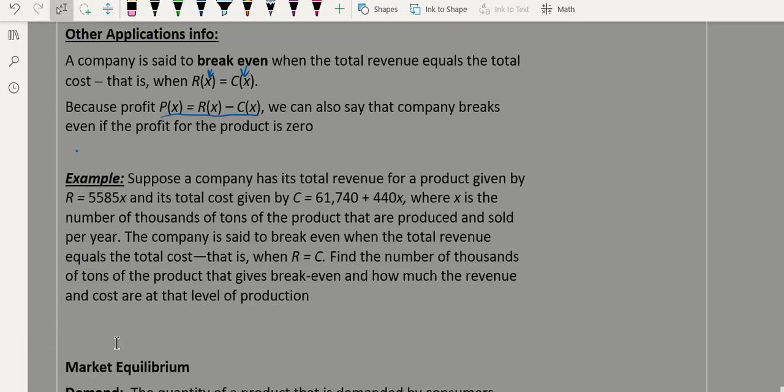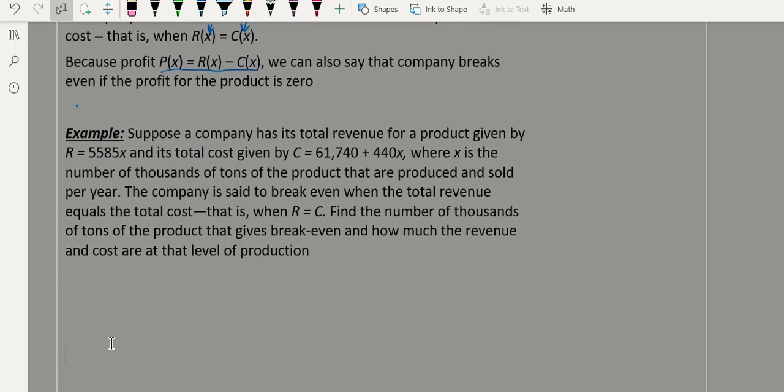All right. So it says, suppose a company has a total revenue for a product given by R equals 5,585x, and its total cost is given by C equals 61,740 plus 440x, where x is the number of thousands of tons of product that are produced and sold per year.